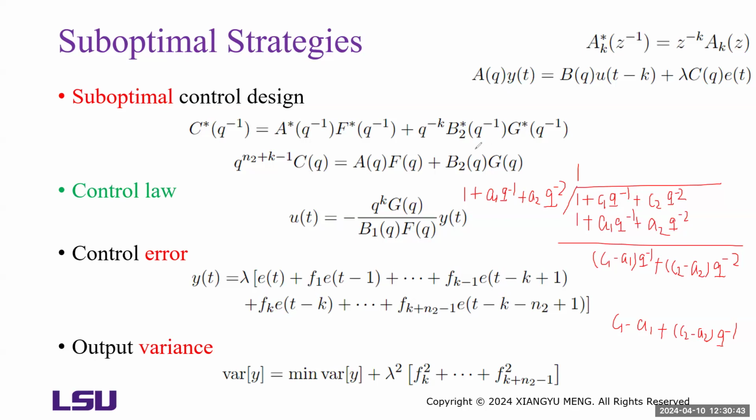Because here we have the B2, that simply means we need to continue the long division, but the coefficients will be exactly the same.